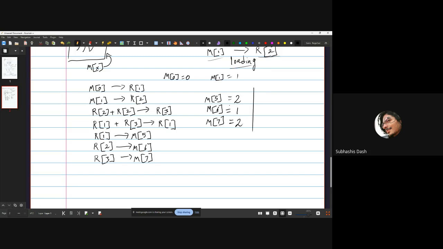Now, tell me the values in the registers R1, R2, and R3. Actually, this is a very simple question. So, let me ask this: what is in R2 right now?